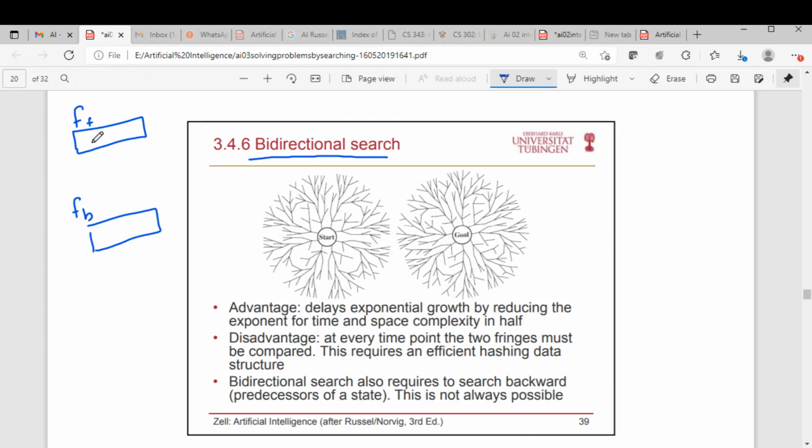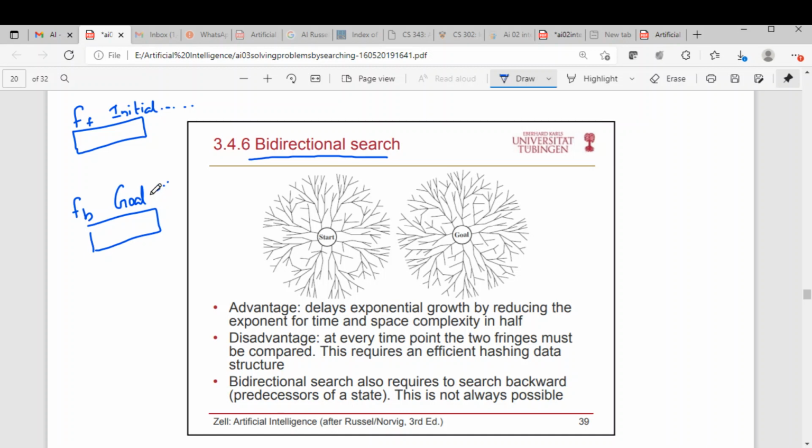Frontier F will start the search from the initial state and try to reach the goal state. Whereas frontier B will start from the goal state and search in the backward direction and try to reach the initial state.